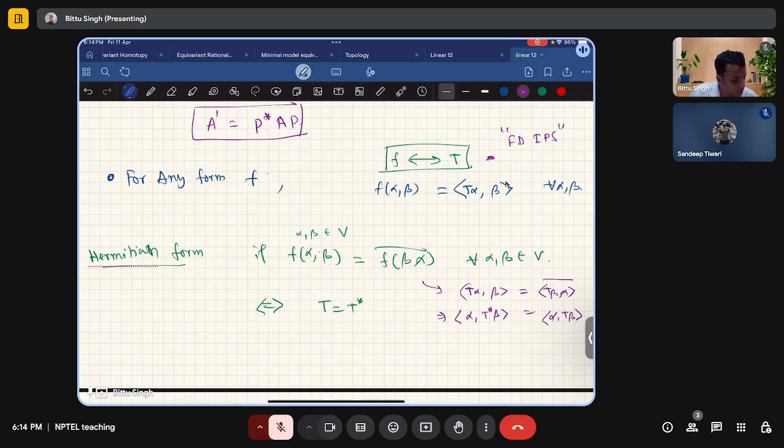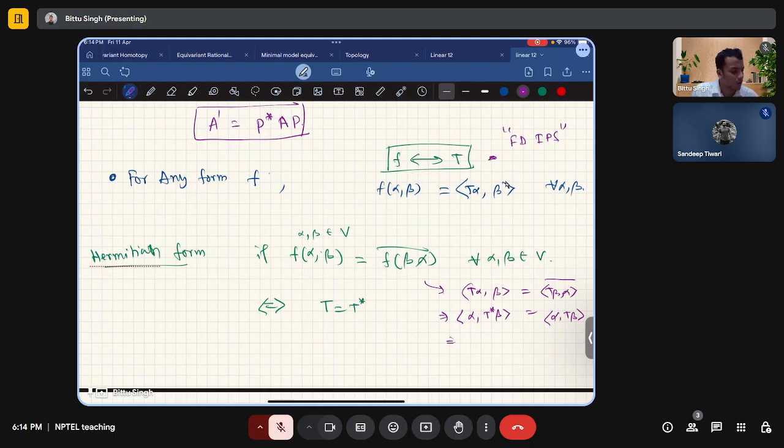On the right-hand side we have alpha comma T star beta. Just compare those two things. From comparing, we get T star equal to T. So the form is Hermitian if and only if T is Hermitian, or T is self-adjoint, whatever we say.